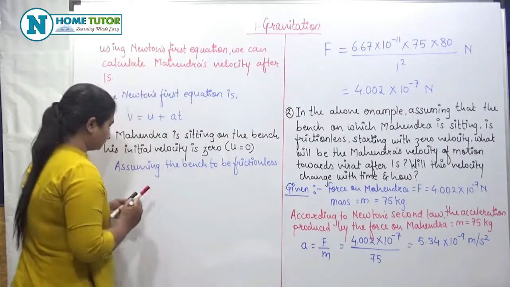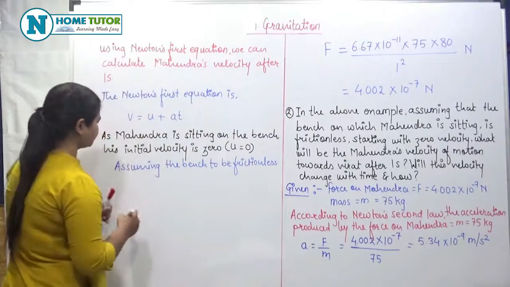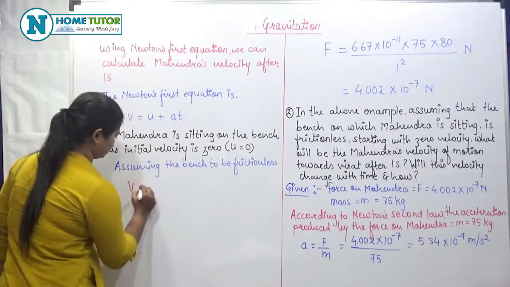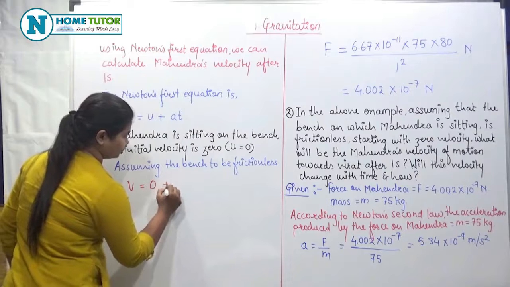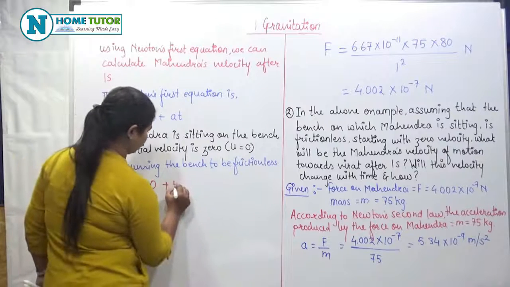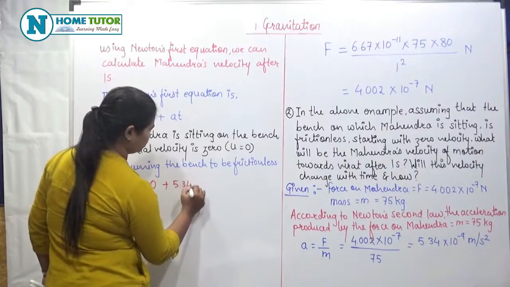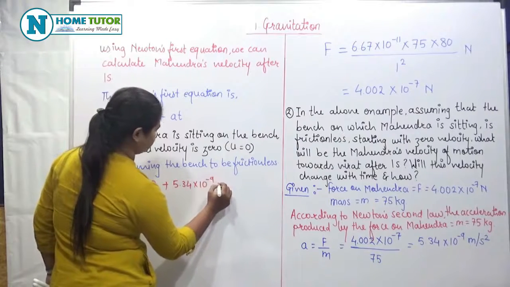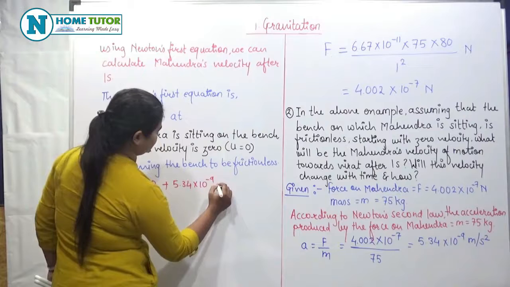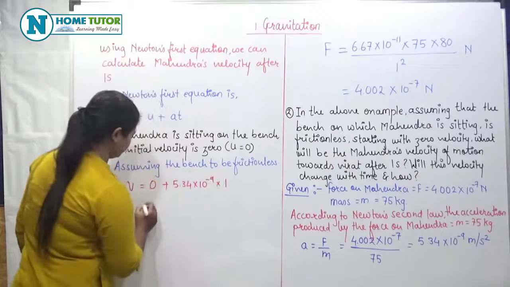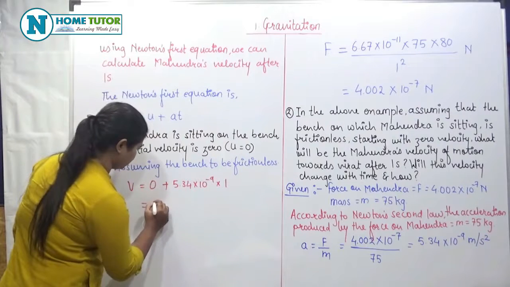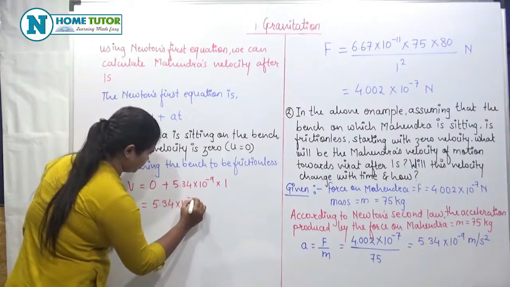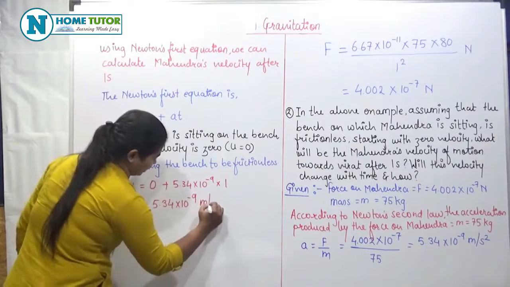So V is equal to 0 plus A, which is 5.34 into 10 raised to minus 9, into 1. So it is 5.34 into 10 raised to minus 9 meter per second.